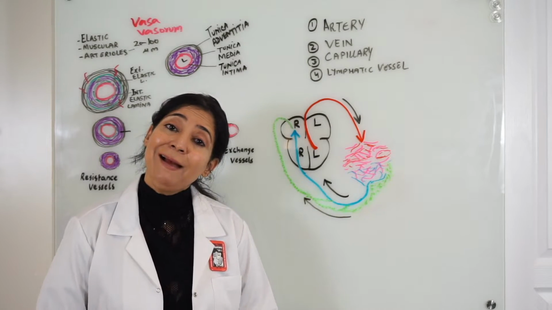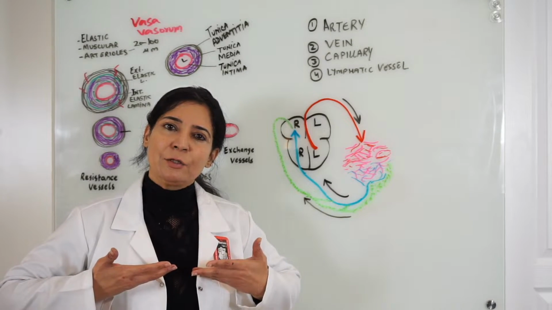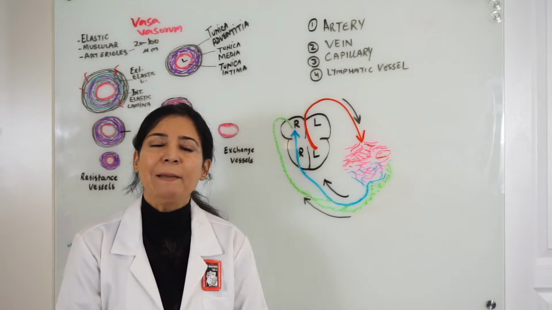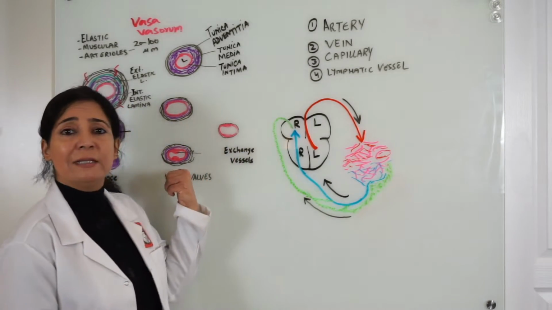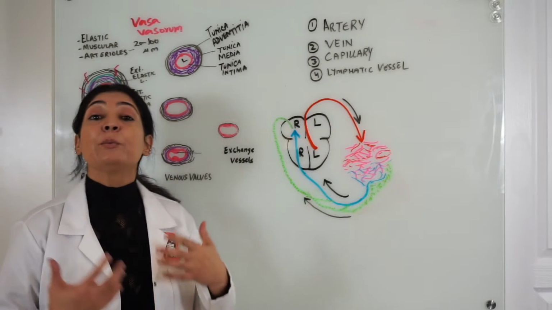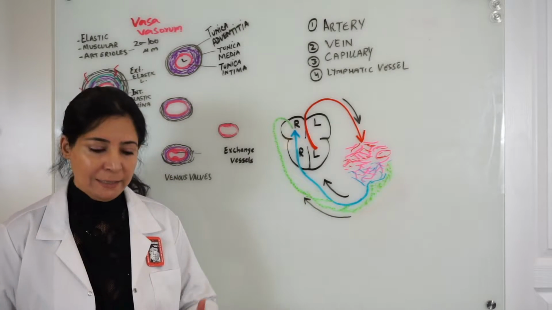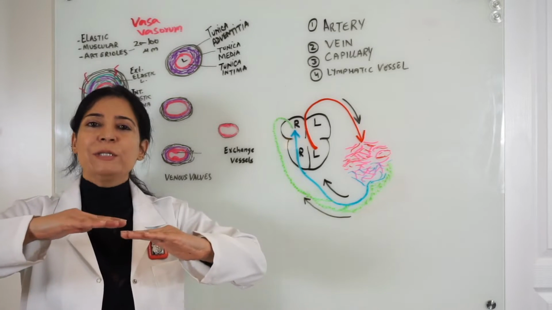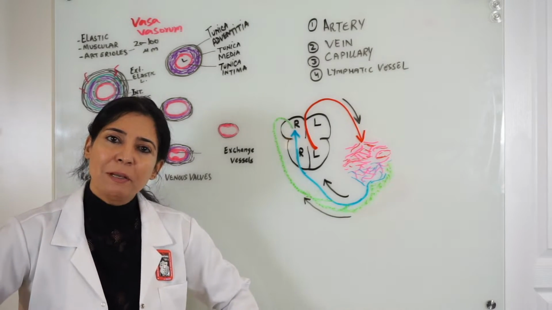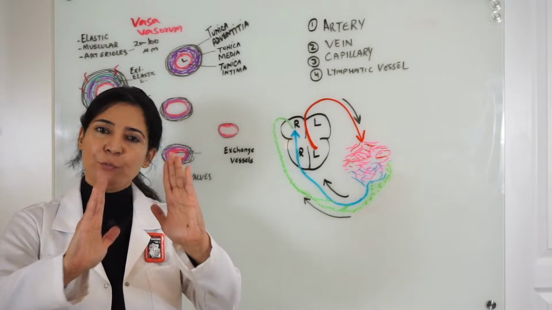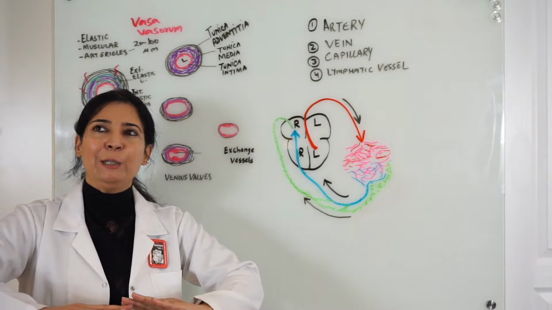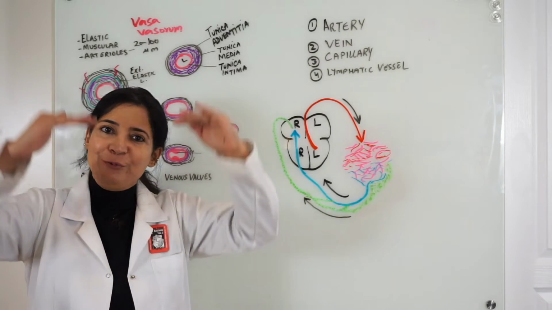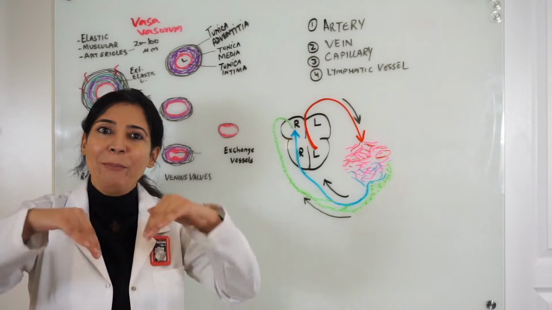So it is moving against gravity, and obviously gravity is going to pull that blood down. What is the role of these valves? It's a really very important role, right? They are closing the lumen. As the blood has been pumped up towards the heart, it doesn't have permission to flow back down.